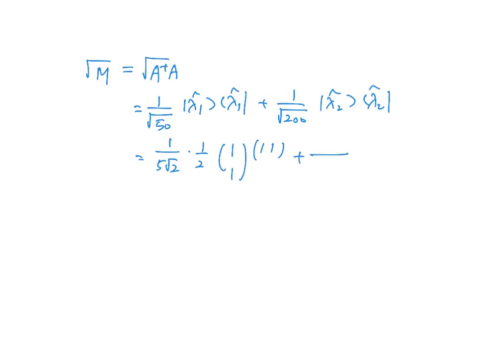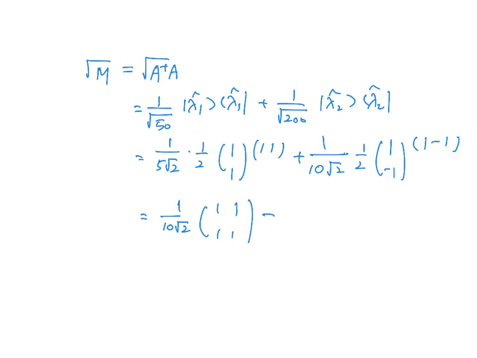That is 10 times square root of 2. And we have additional 1, 2. 1 minus 1, 1 minus 1. So that is 10 square root of 2, 1, 1, 1, 1, plus 20 square root of 2, 1 minus 1, minus 1, 1.